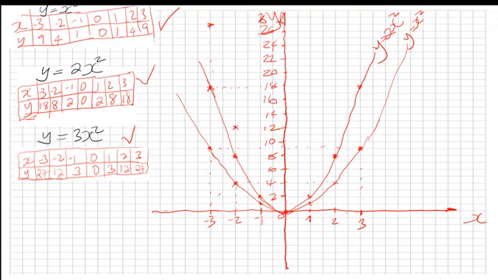And when x is minus 1, where's our 3? This is 2, and here is 3. And when x is 0, you are going to get 0 there. So when x is 1, we're going to get 3, and 3 is here. When x is 2, we're going to get 12. 12 is here.